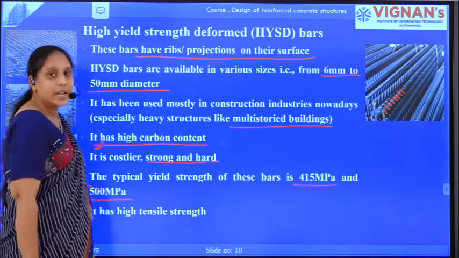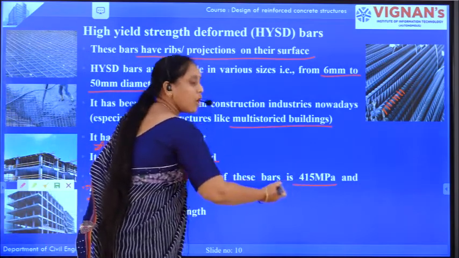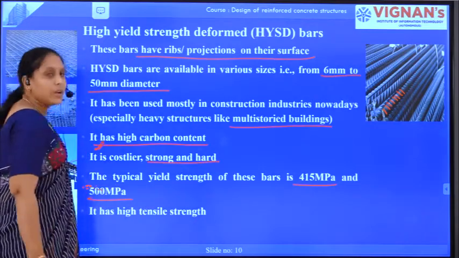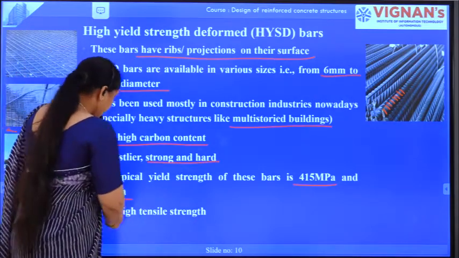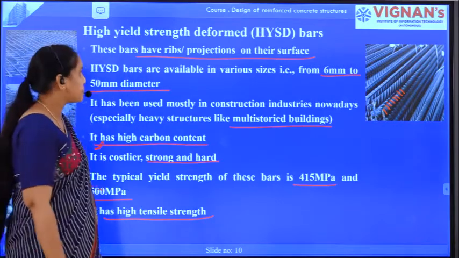That is, the yield strengths of these bars are 415 MPa, or 415 Newton per mm square, and 500 Newton per mm square. And these bars have a very high tensile strength.